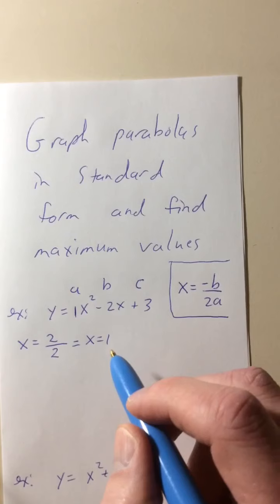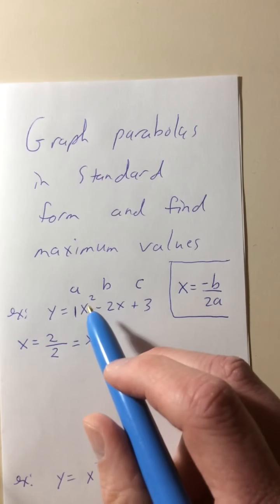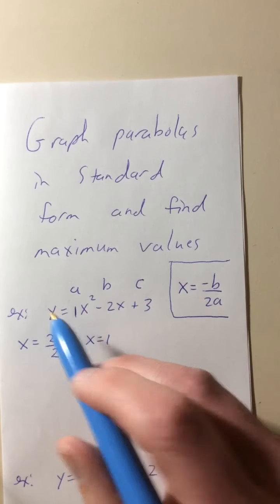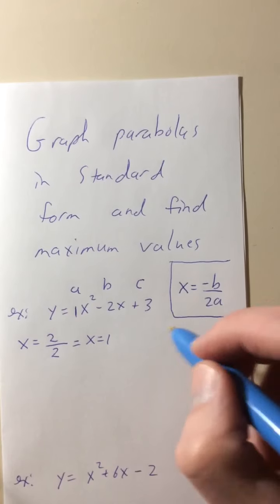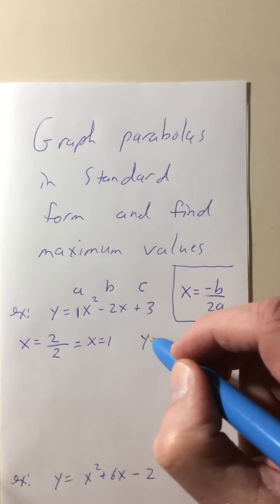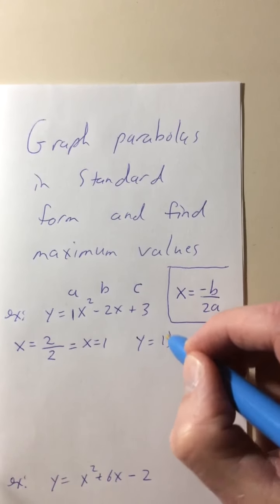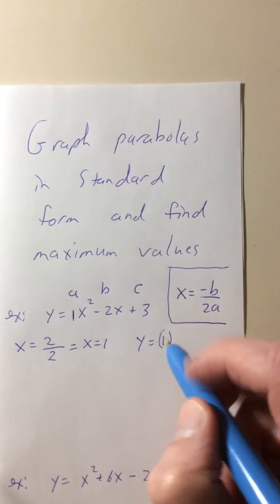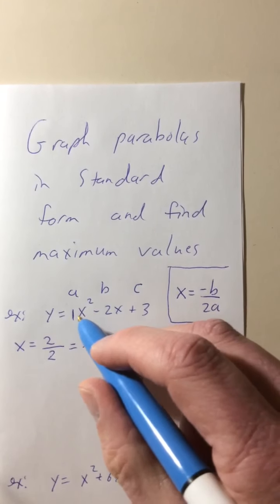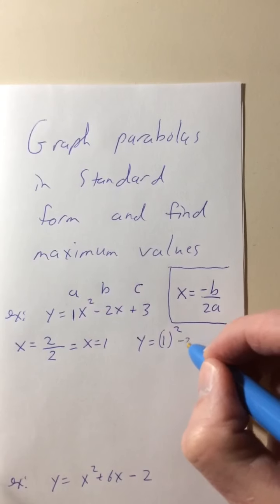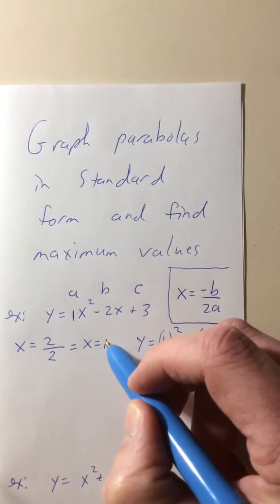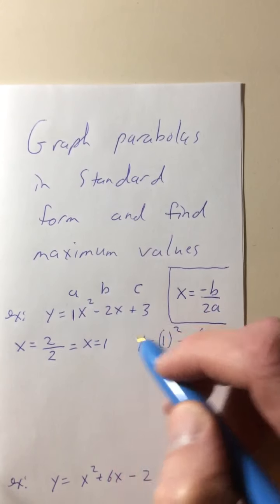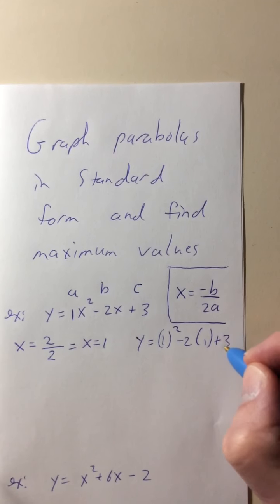And what we need to do now is find out what the y value is. So we just plug in 1 here, and we'll figure out the y value. So then we're going to get y equals 1, right? That's this guy right here, 1 right there, squared, because we're squaring it, minus 2 times 1, right? Just plug in the 1 right where the x is, next to the 2, plus 3.